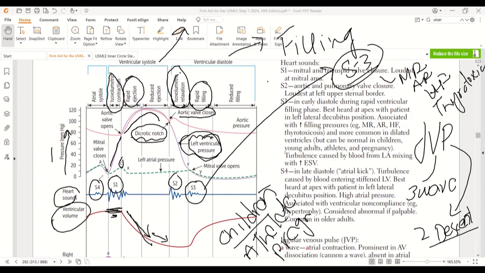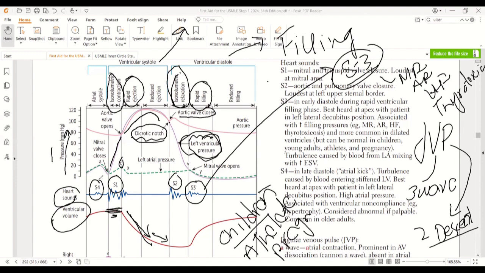What about Friedreich ataxia? Does Friedreich ataxia lead to hypertrophy of the ventricle or not? It is a congenital condition.